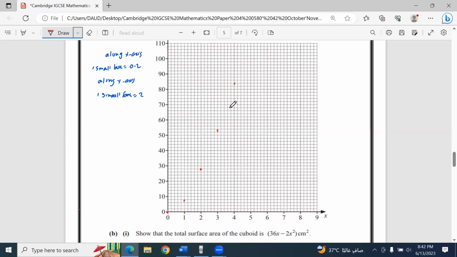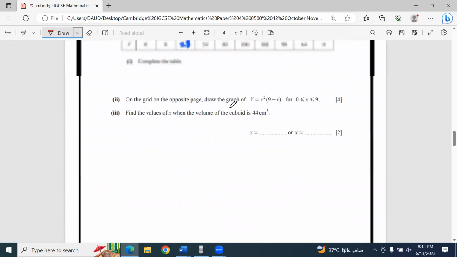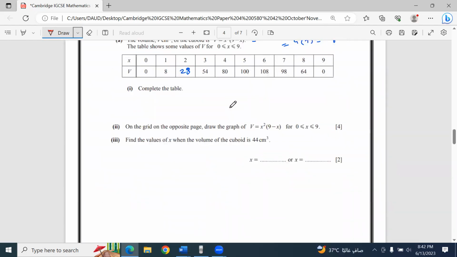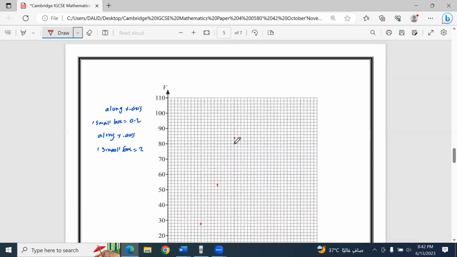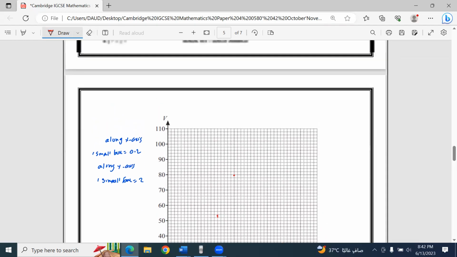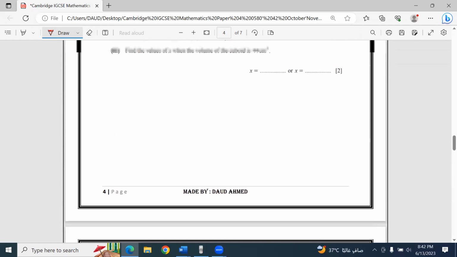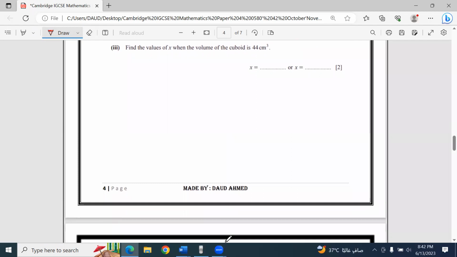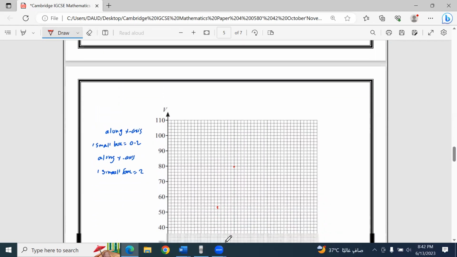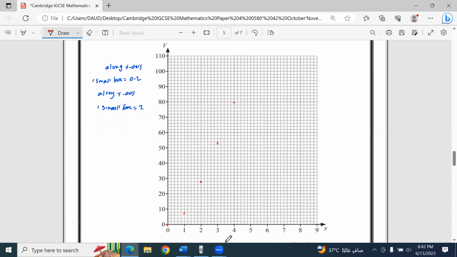And 4, 84, after 2 boxes. Then 5: at 5, 500 is wrong; 6 is 108, 4 is 80, we can check again. At 5, we check again. 5 is what? 5 is 100.